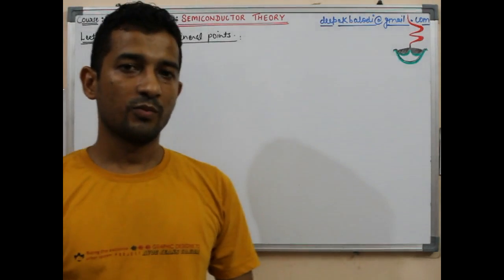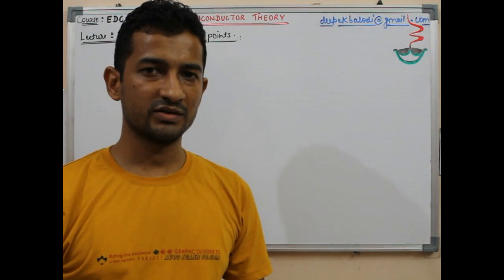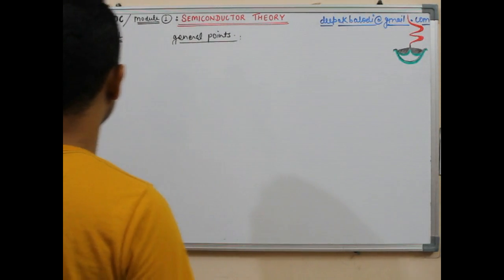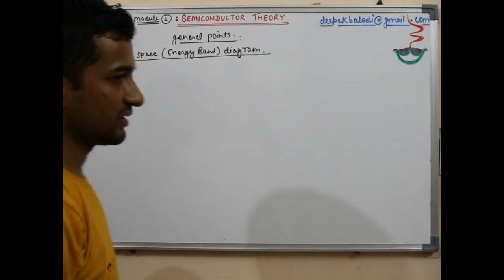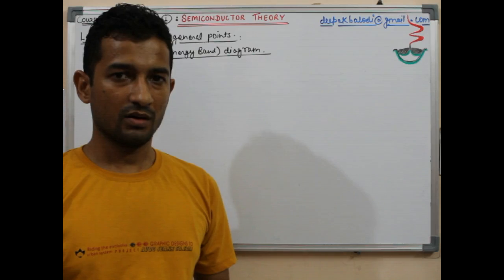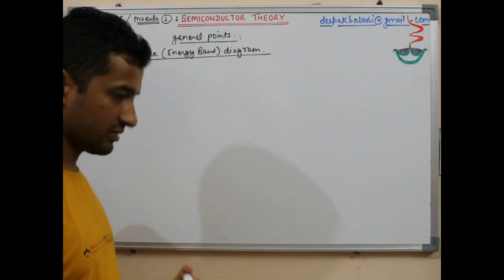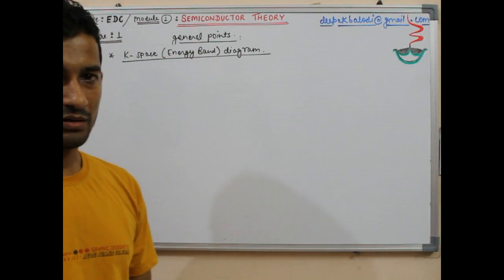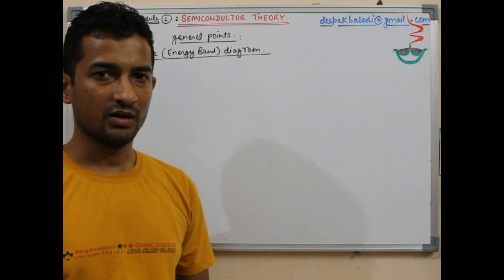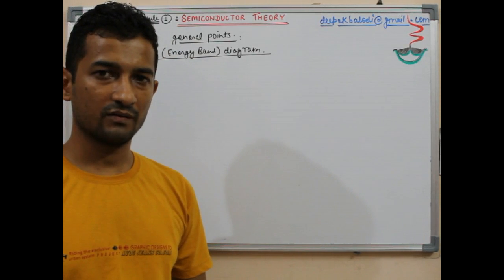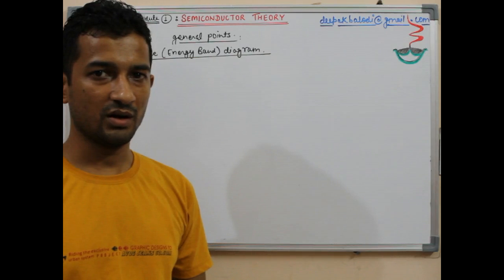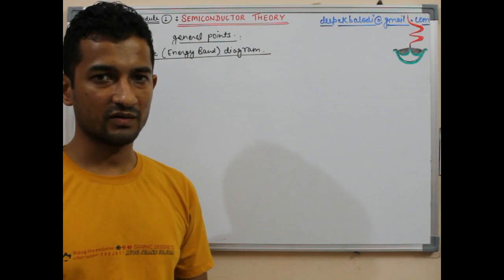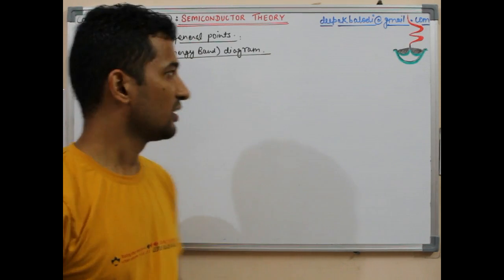Okay, so one more small point, a general point about the energy band diagram, where K is basically the wave vector, and this comes from the Schrodinger wave equation, or from the Brillouin zones within the crystal, from crystal theory.